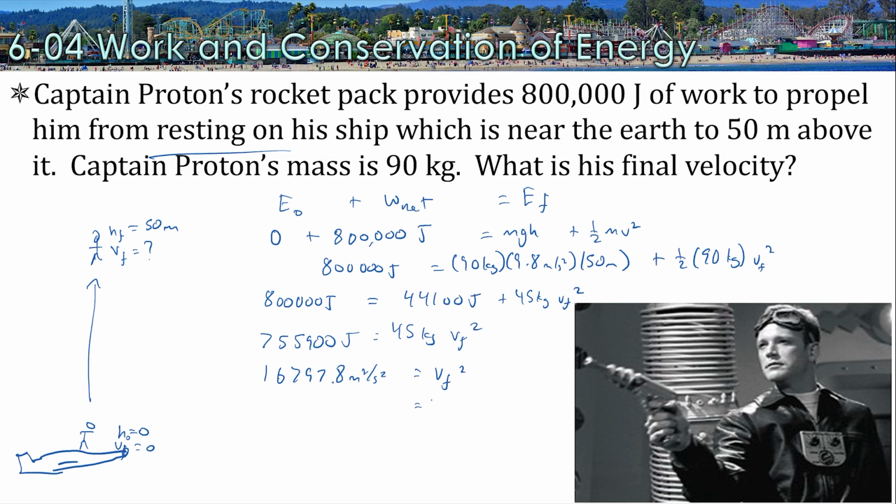But that equals VF squared, so square root that. And we get approximately 130 meters per second. So he's really moving now. So the rocket pack provided positive work, which means it put energy into the system, so it's able to go from rest to having significant kinetic energy.